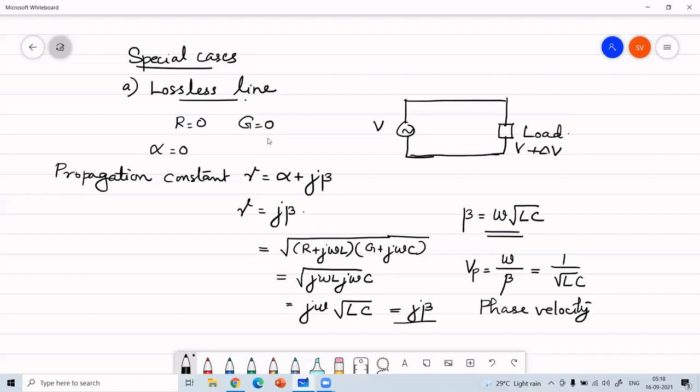So in the case of lossless line, the propagation constant is j omega into root LC, from where we can write the phase shift constant and also the phase velocity.